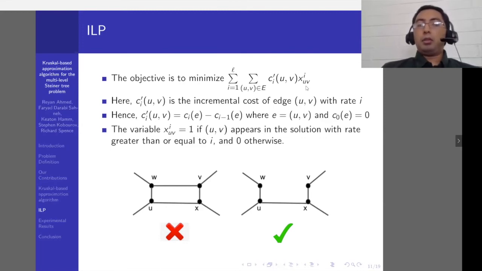The variable x_i(uv) is equal to 1 if uv appears in the solution with rate greater than or equal to i and 0 otherwise. The objective ensures that there is no cycle like w u x v in the solution, because if there is a cycle, then we can remove some edge and we can get another solution which is better than the previous solution.